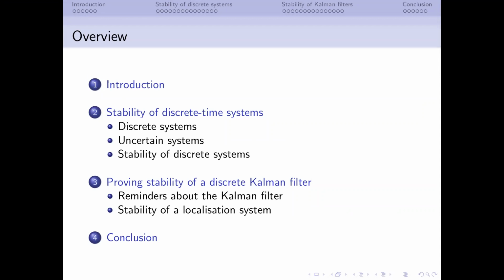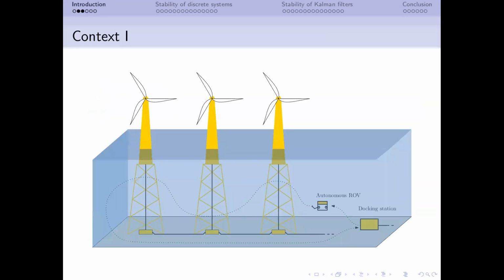Then I will continue with general reminders about stability of dynamical systems, in particular discrete time ones. And then I will apply the theorems and definitions presented in the second and third parts to prove stability of a localization system based on a Kalman filter.